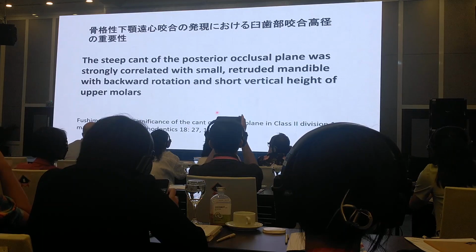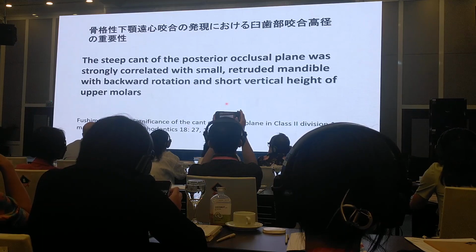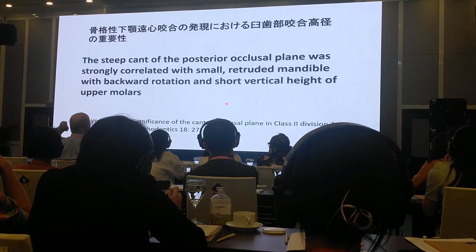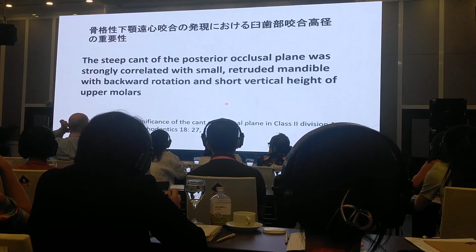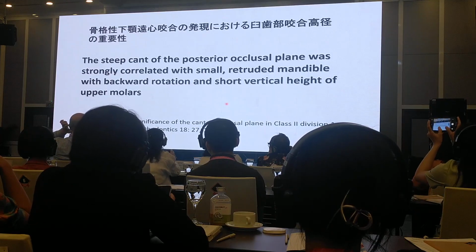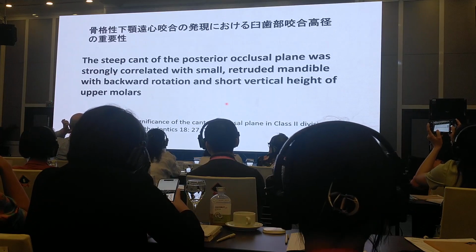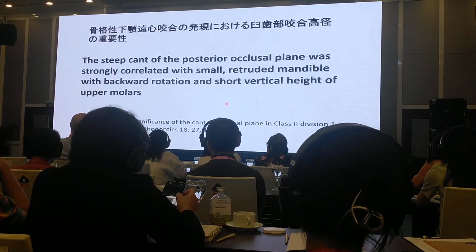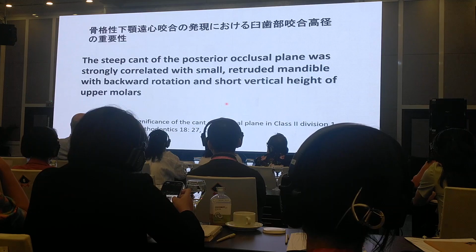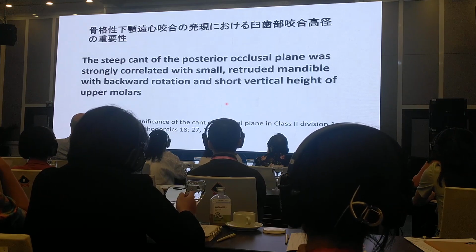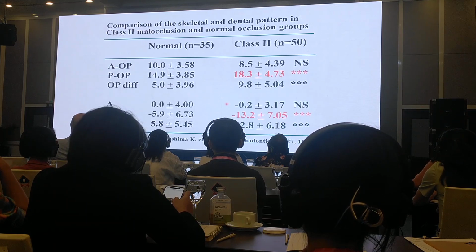Then in this paper, we recommended that in class 2 treatment, we have to control this posterior occlusal plane and the vertical dimension. This is very important. But I don't know. We published this paper in the European Journal of Orthodontics, but no response.